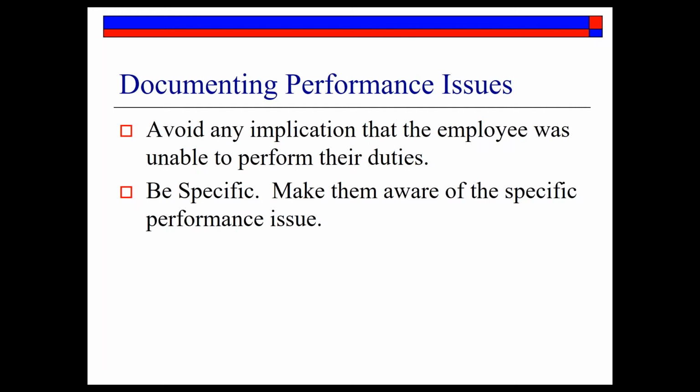Is he not following up with clients in an appropriate manner? Those should all be included in your written warnings because it is helping establish the fact that he is capable of doing the job, but he is not doing everything that he needs to do in order to perform and meet the goals.